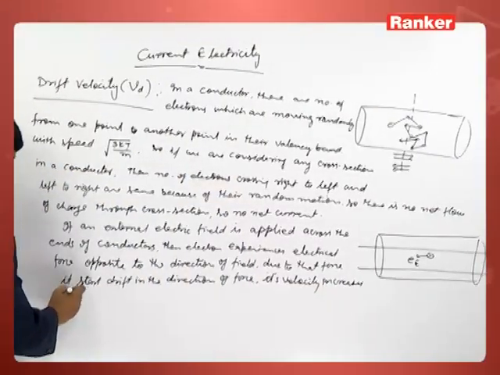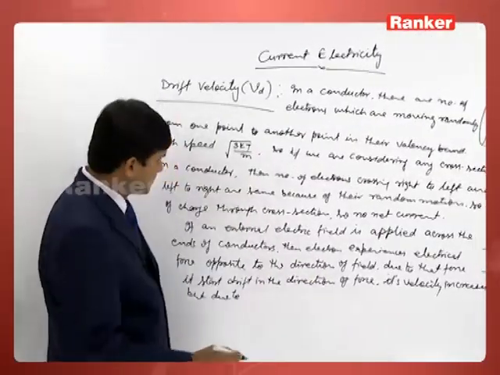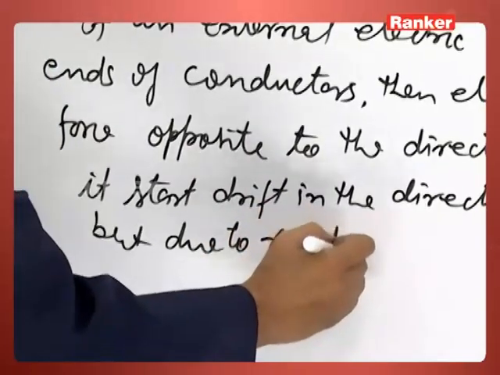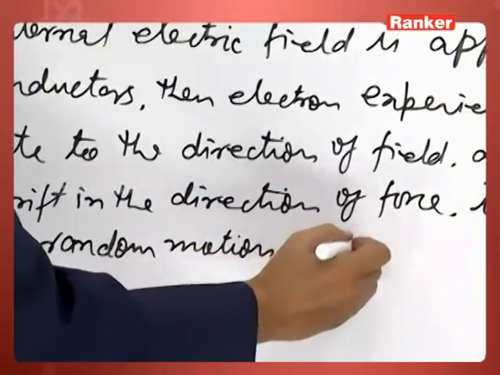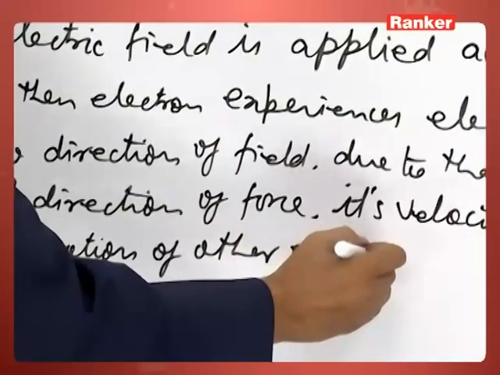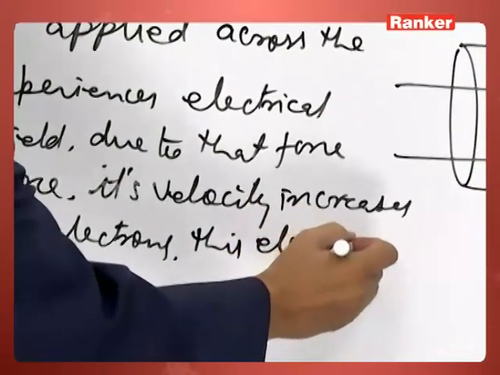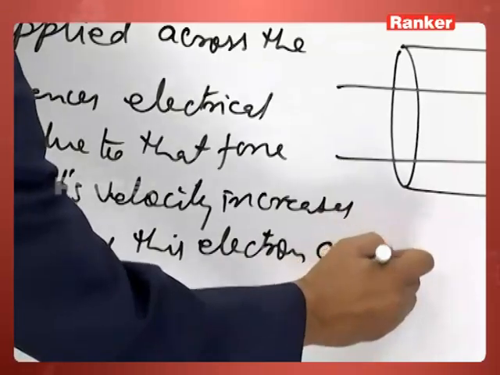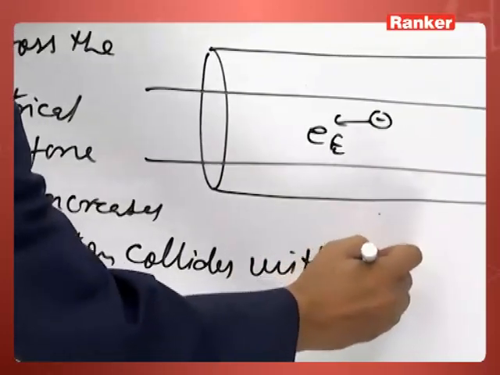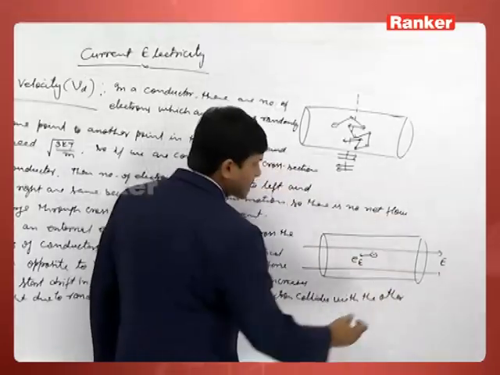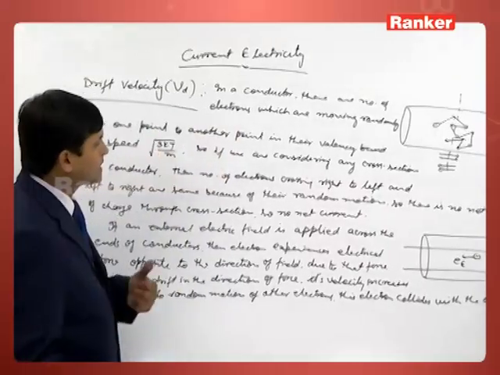But due to the random motion of other electrons, this electron collides with the other electrons, and its velocity decreases.